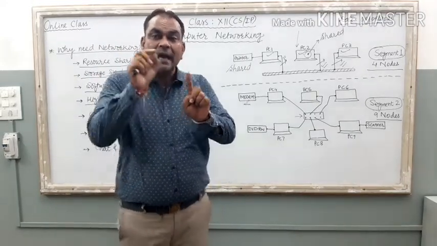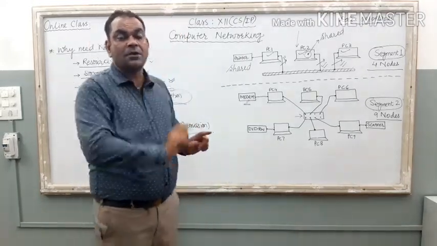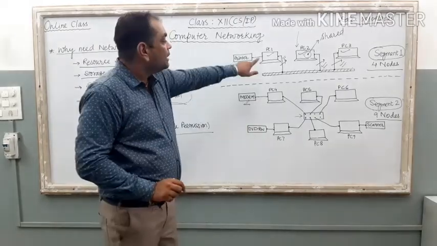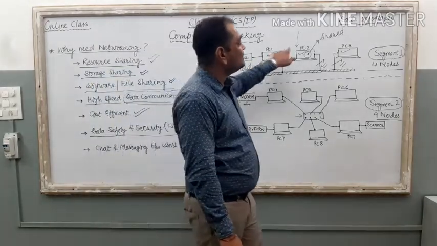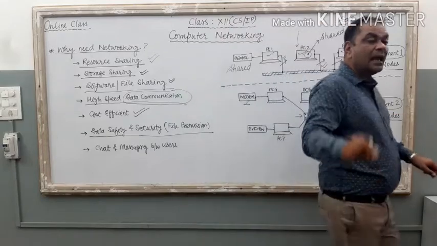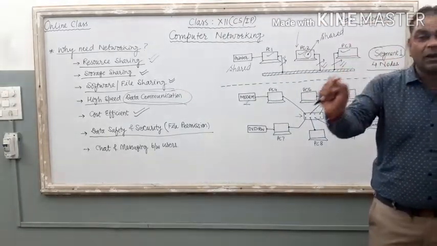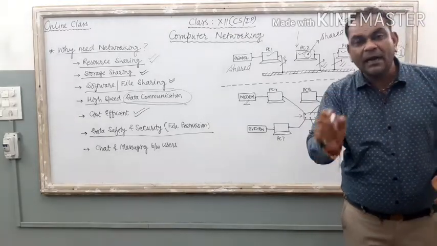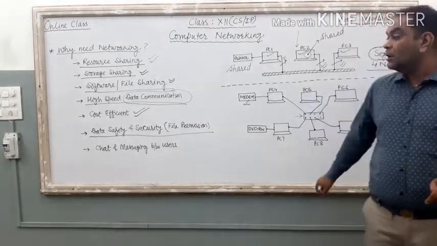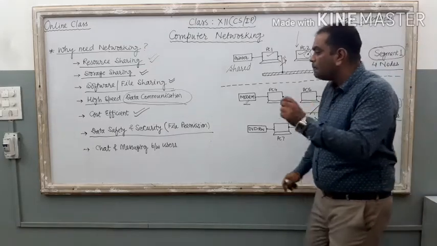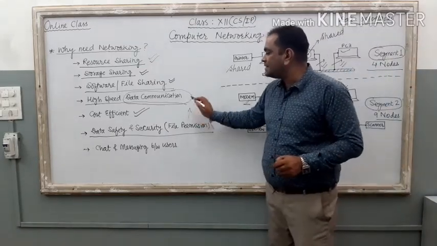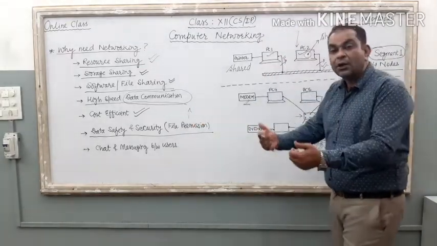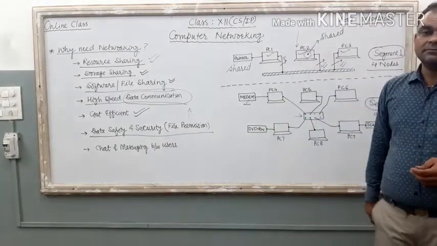Read only means if I give read only permission to my file, the different users sitting on these different computers can read my file only. They cannot modify my file content, they cannot delete my file, they cannot update my file. So through the file permission, we can save our data and secure our data in a network.